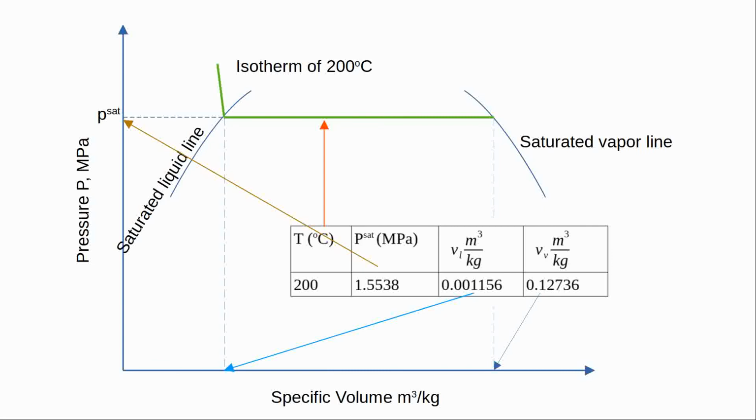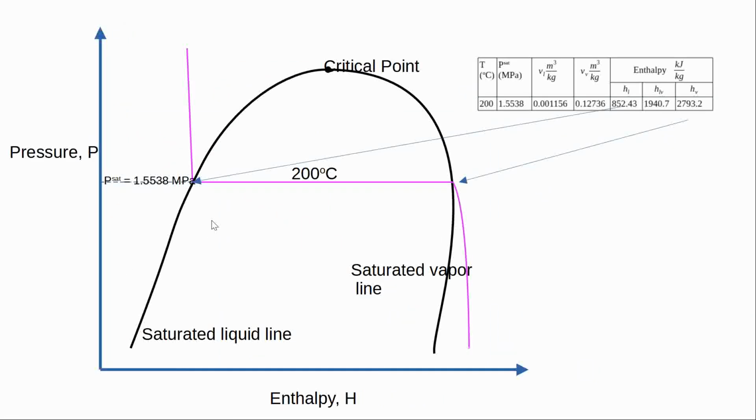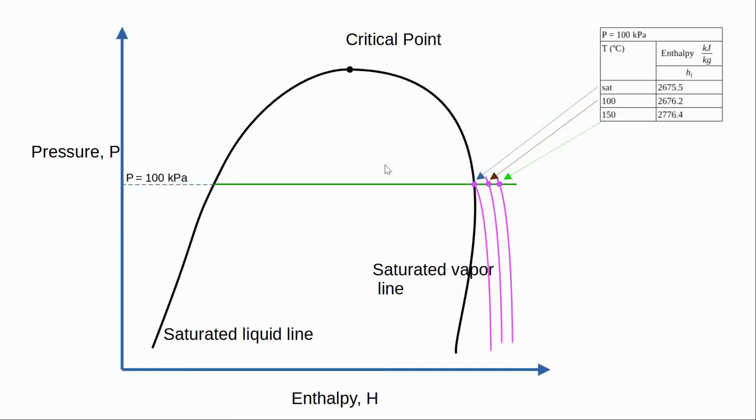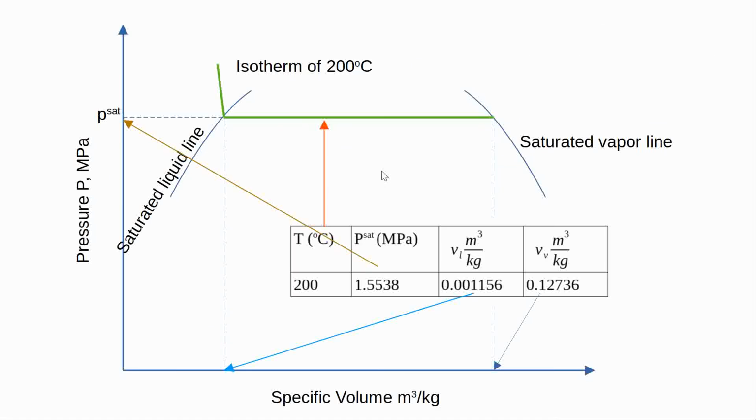Now let's take the PV diagram once again and look at what points of the PV diagram are represented on a steam table. If you open a steam table, the first entry is going to be temperature.